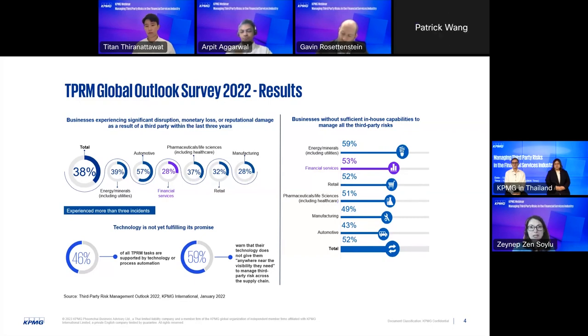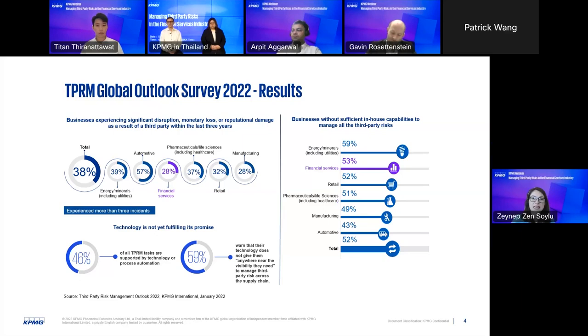But what I would like to share first and foremost is that it is very clear from the survey that the weaknesses in the TPRM operating model are proving to be a major problem for many of the organizations and businesses worldwide. And this leads to many missed opportunities where we're trying to mitigate the risks effectively. Many of the organizations are currently exposed to disruption, monetary loss, and reputational damage.